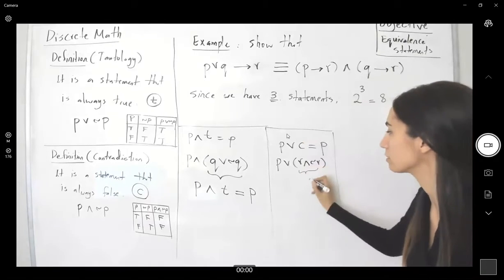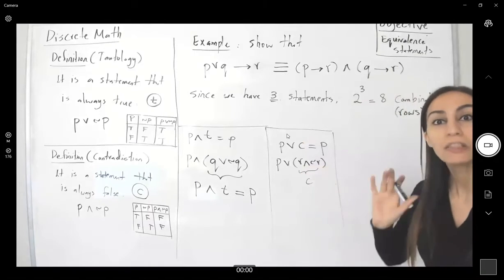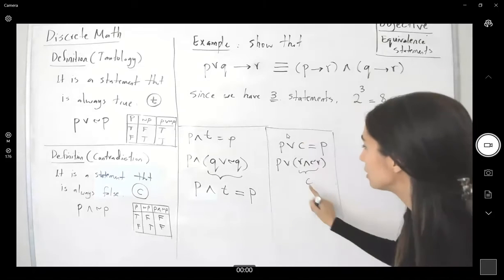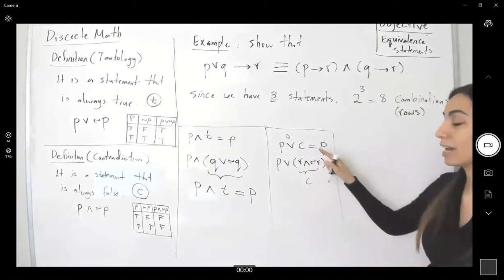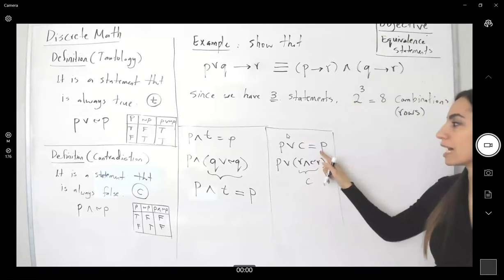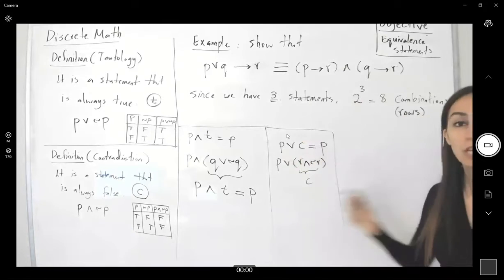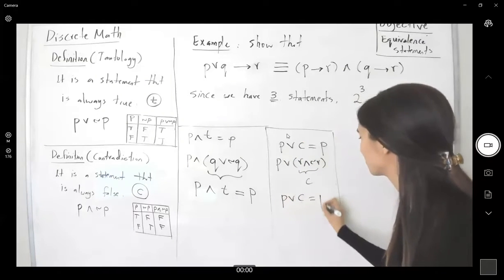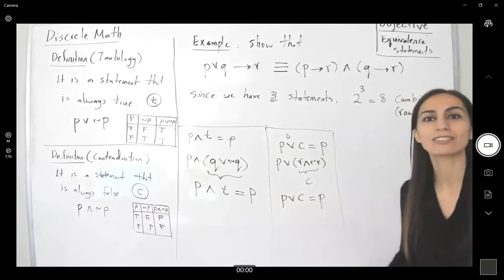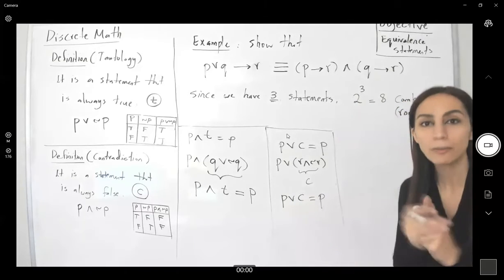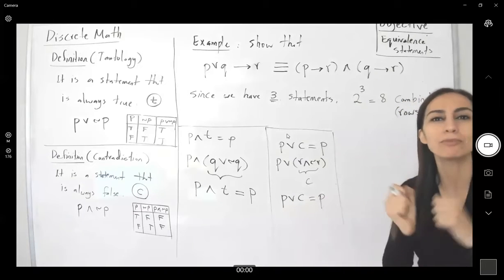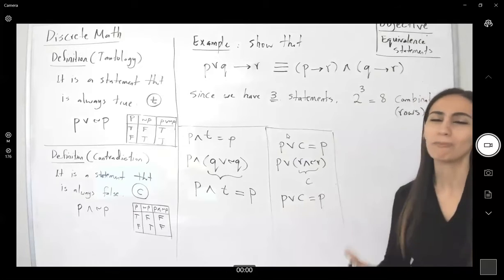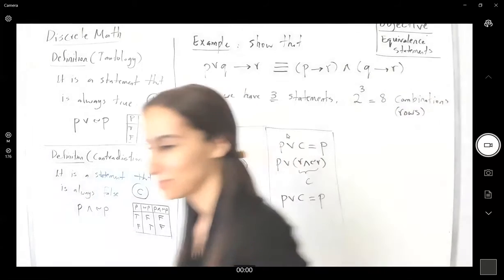You quickly write, this is always false. This is a contradiction. And I have P or a contradiction. And the identity law tells me that P or a contradiction is always equal to P. So that's why these laws are very important. They help us to actually simplify complicated and complex statements.